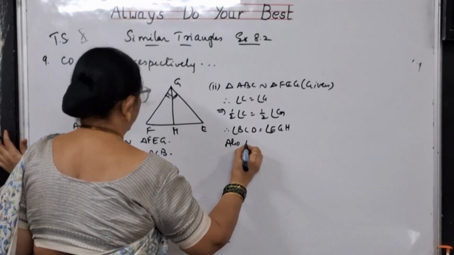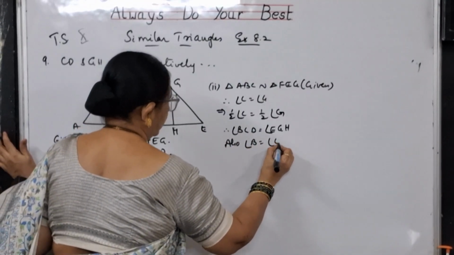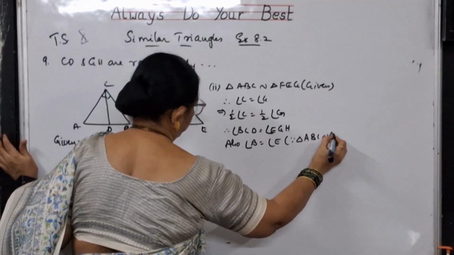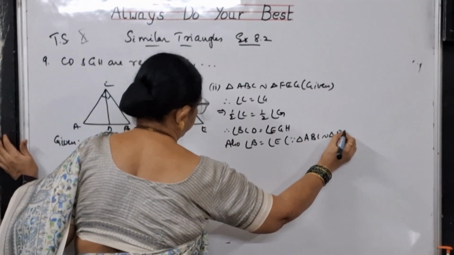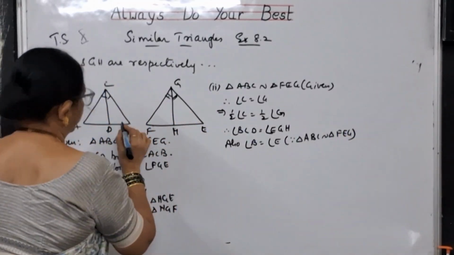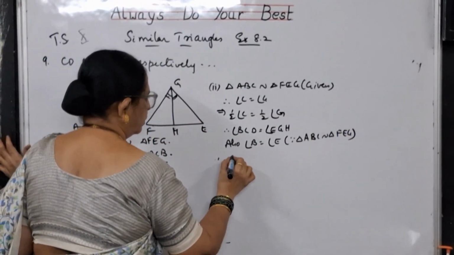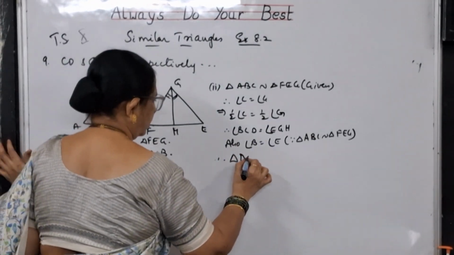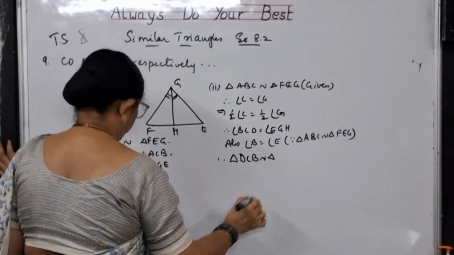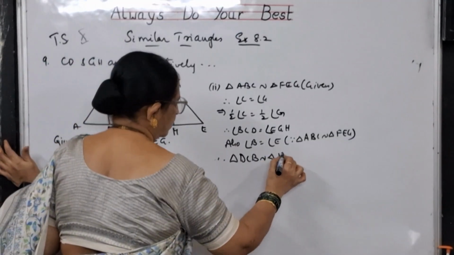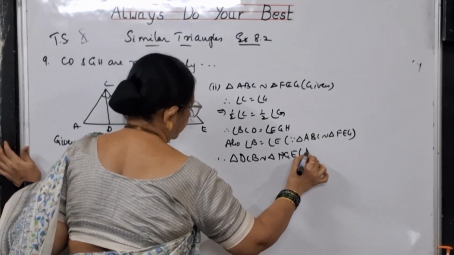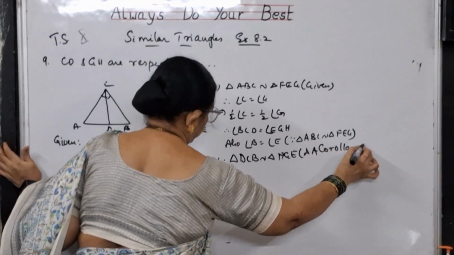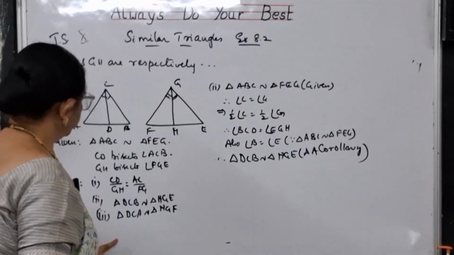Also angle B is equal to angle E because triangle ABC is similar to triangle FEG. So these two angles are equal. Therefore, triangle DCB is similar to triangle HGE basing on angle corollary. This is the second bit.